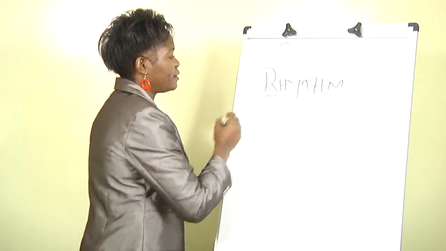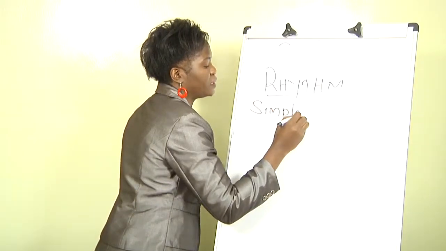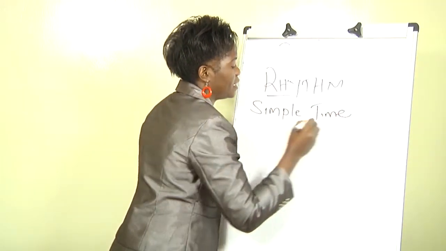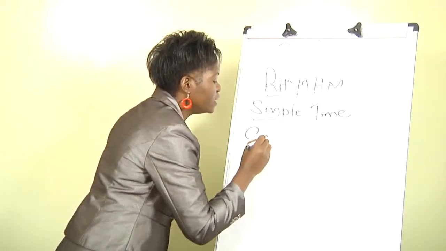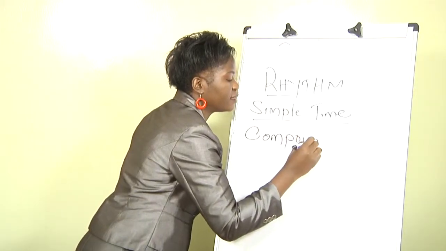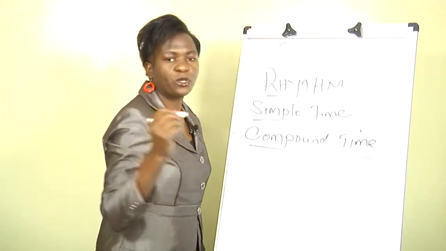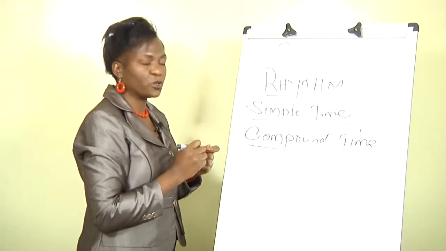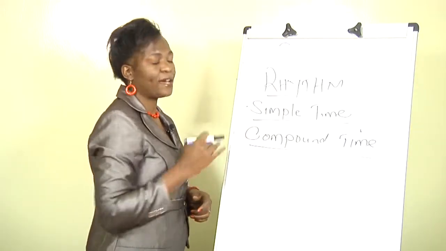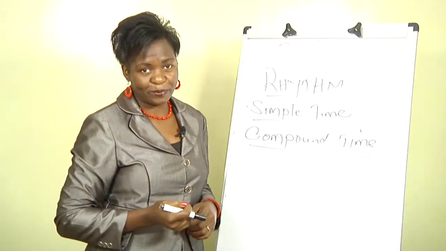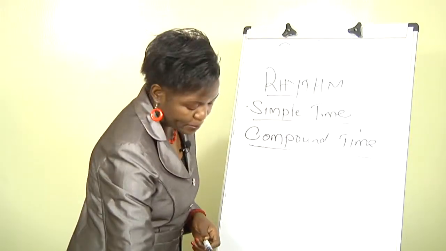We are going to look at rhythm in simple time, and also rhythm in compound time. So we shall consider these two types of rhythm. One will be in simple time, and the other in compound time. Today, we shall look basically at simple time.